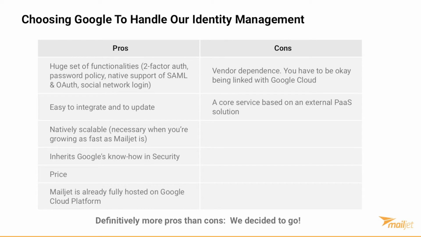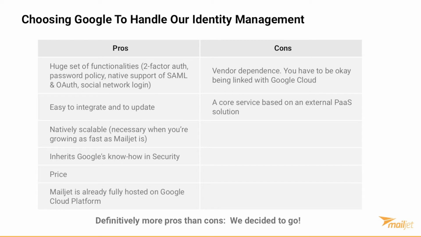Two cons. Let's talk about that for just 1 minute. The vendor dependence: you have to accept that you're linked with Google. It's something you have to deal with. You also have to accept to externalize that kind of solution and to have a core service in your architecture based on an external PaaS solution.